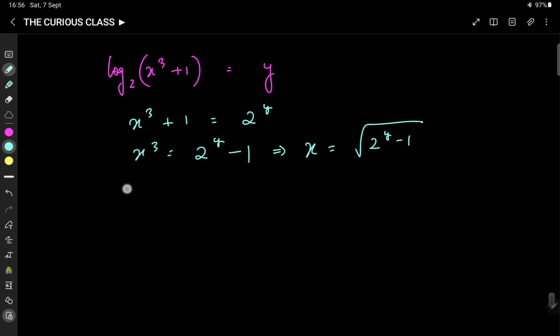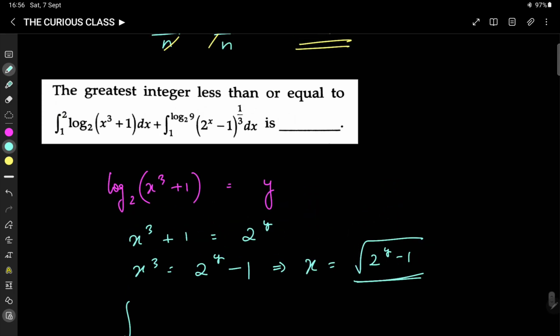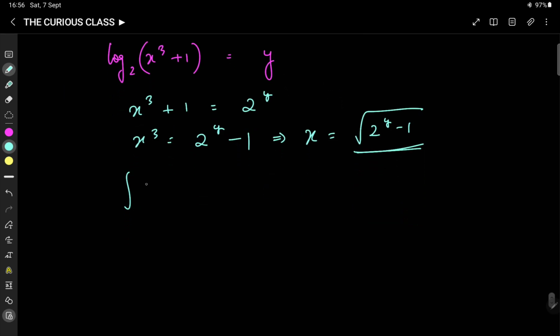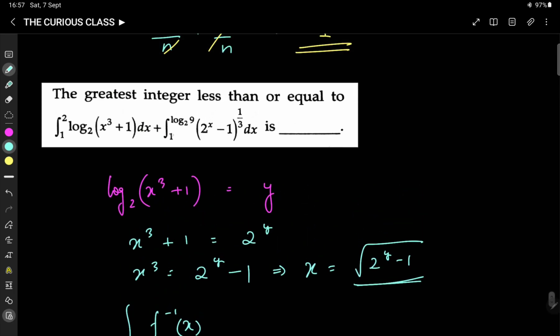So what do we find? Here you can relate now. Okay, now you get it. This is f inverse. Exactly, guys, this is f inverse of x. Now we just need to check whether the limits work or not.